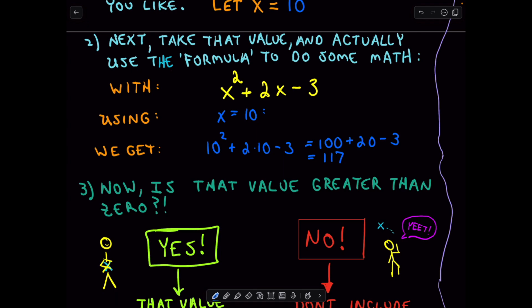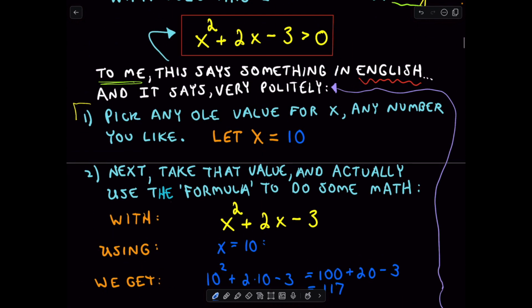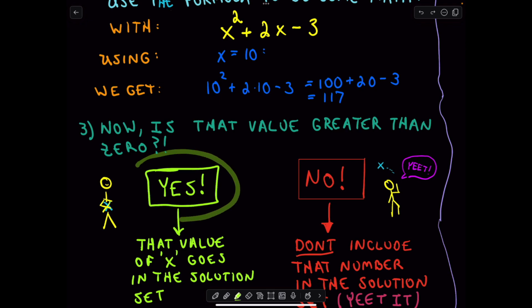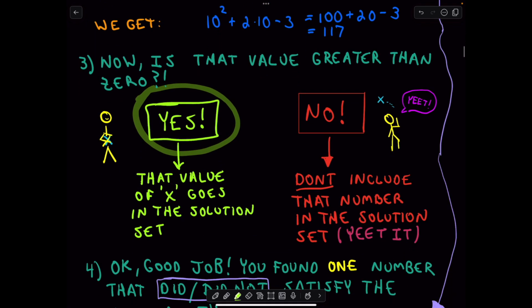Okay, so at the end of the day, I got 117. Now, step 3 says I ask myself, is that value I got out greater than 0? Because that's what this inequality refers to. If the answer is yes, we keep that value of x, and it goes in the solution set.